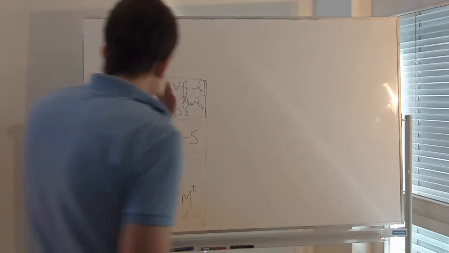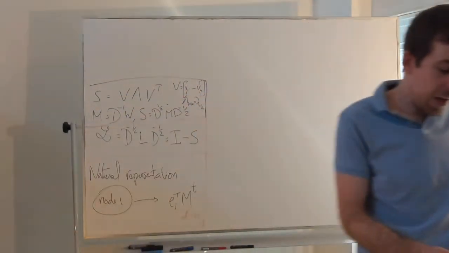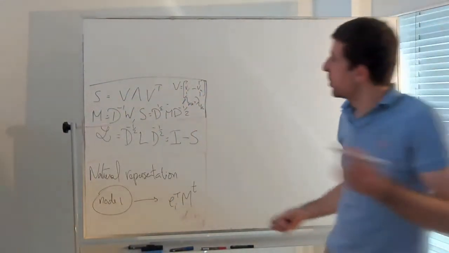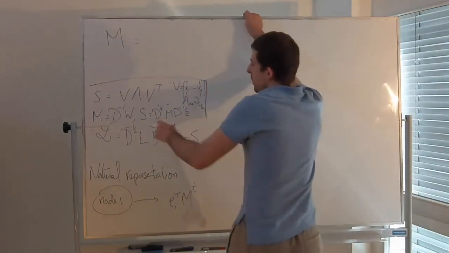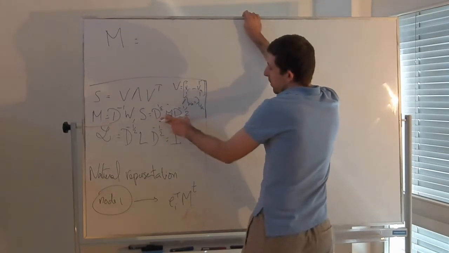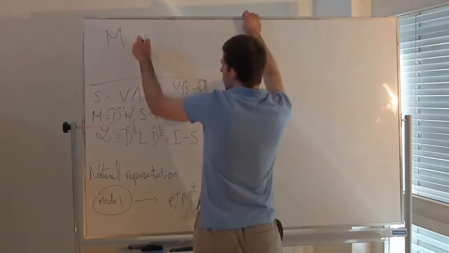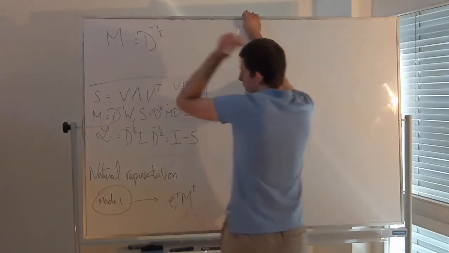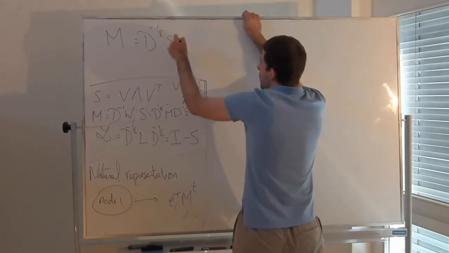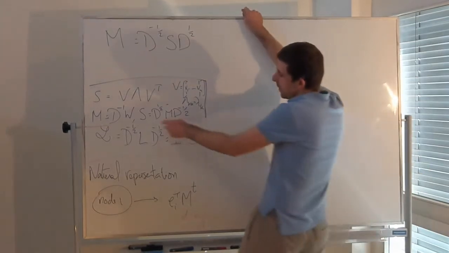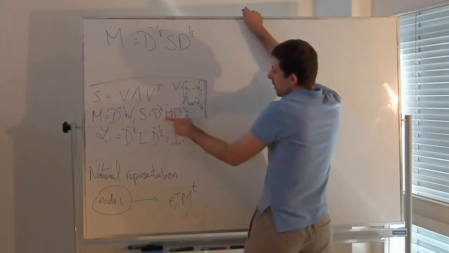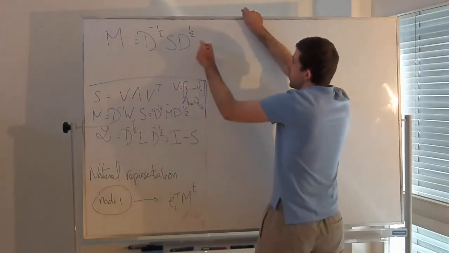Now from this, we can come up with a decomposition for M too. Because what is M? M is equal to D to the minus half S D to the half. If I hit D to the minus half on this side and D to the half here, I just get M on this side. So what do I have?